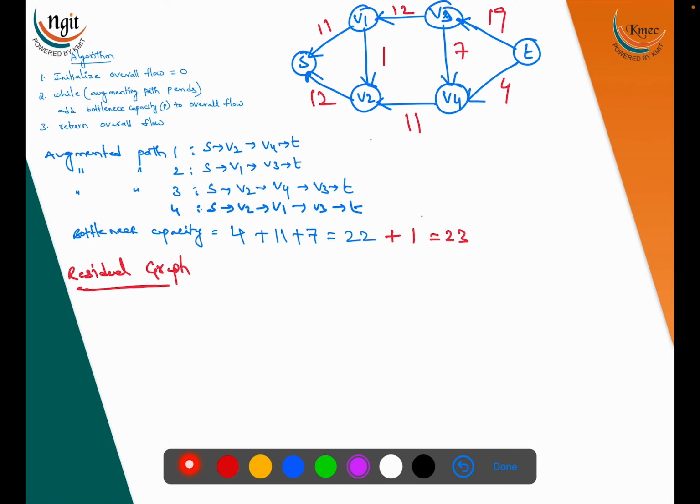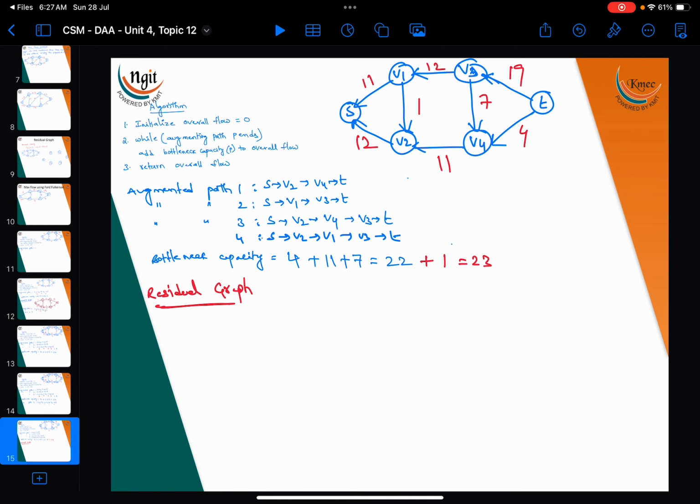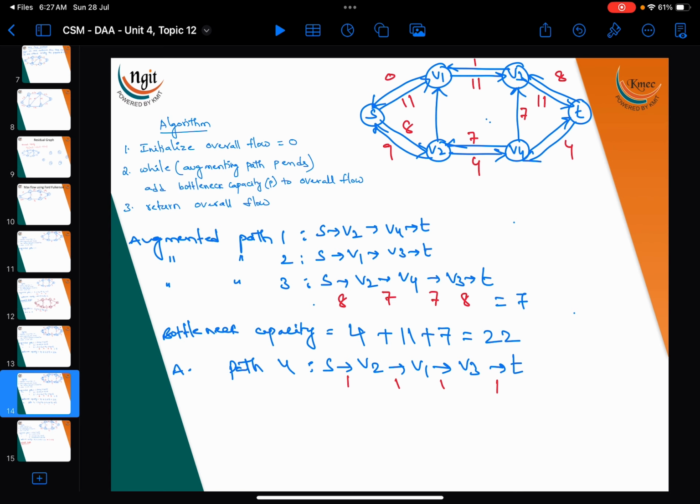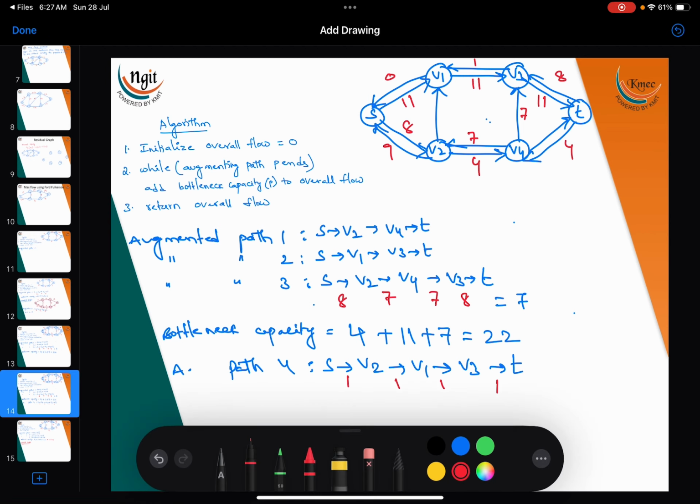Now find out the residual graph for this. Again you have to apply this in the above graph. Once you find the residual graph for the above one, you will not find any path from S to T. Because if you see here, from S there is no flow to V1, because the residual graph values are 0 and 9 turned to this side.